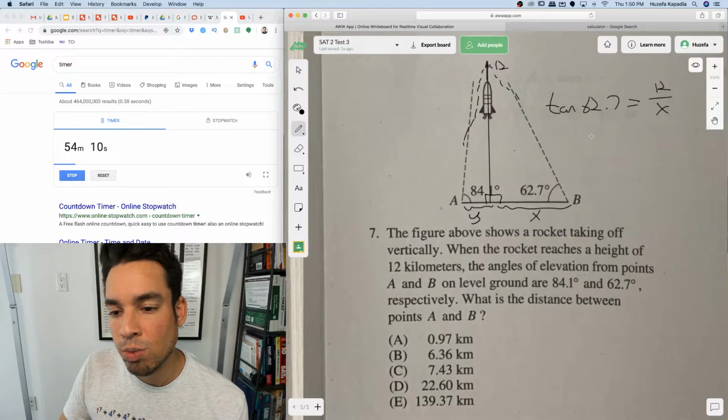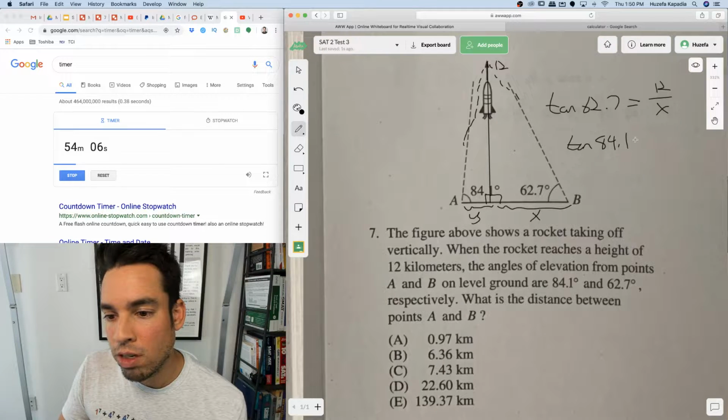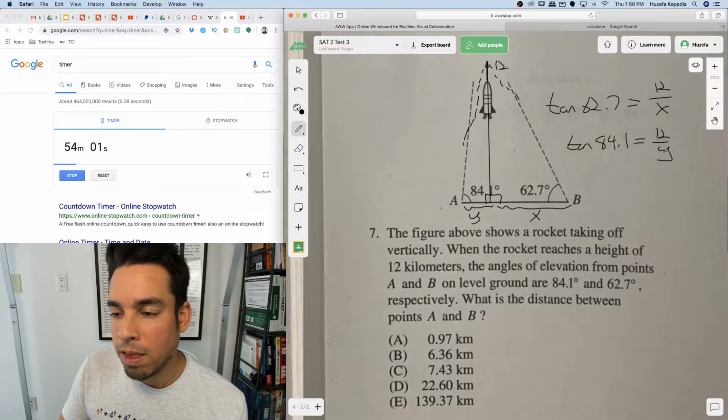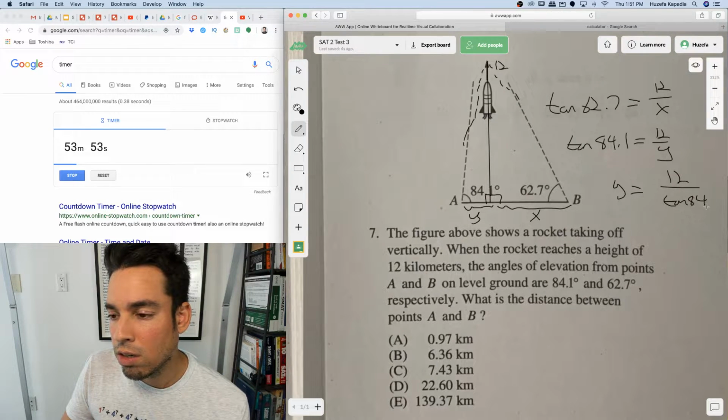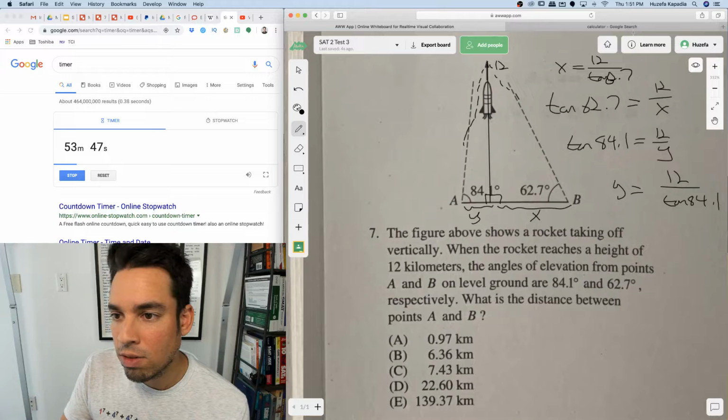Eventually we're going to say x plus y. And then this one is tangent of 84.1 equals opposite, which is 12, over y. Then I multiply both sides by y and divide by tangent of 84.1. So y equals 12 over tangent 84.1. X equals 12 over tangent of 62.7.